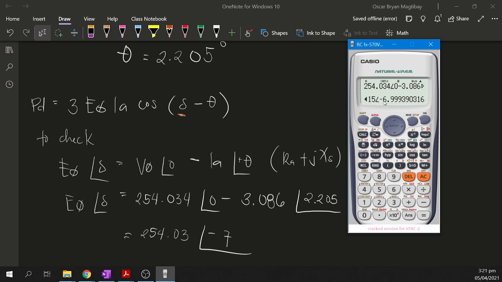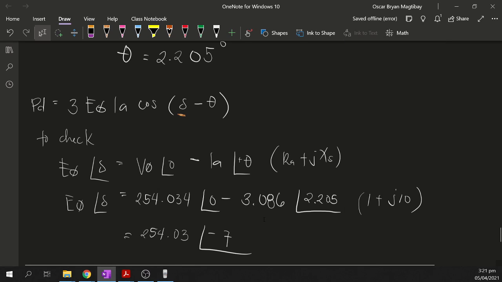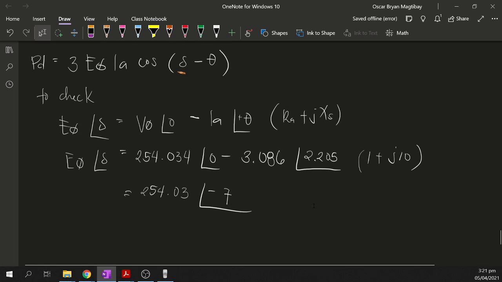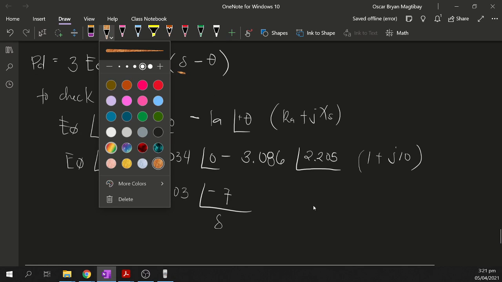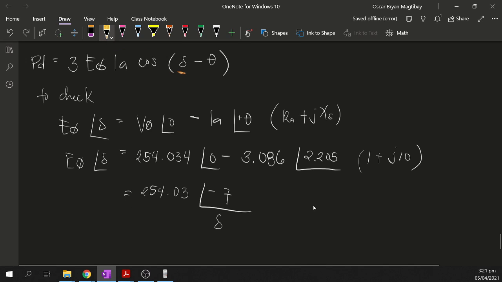So it means approximately equal to 7 degrees. So tama yung pagkakasagot natin. But this time, if you would notice, your sigma here is negative.